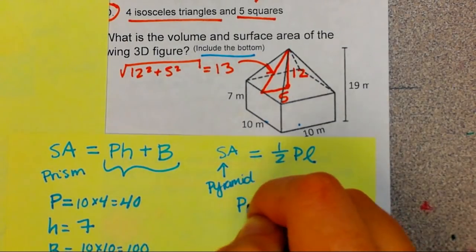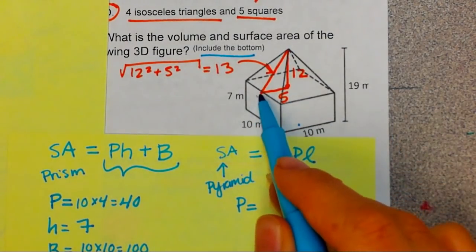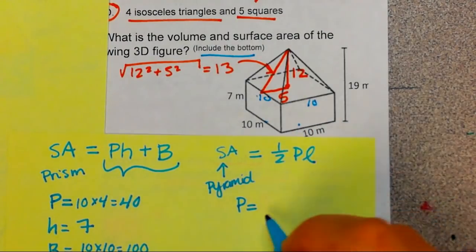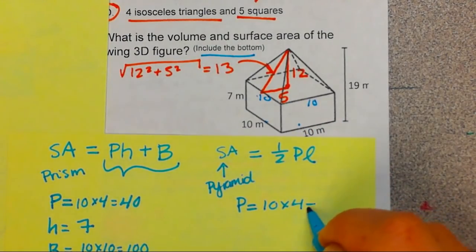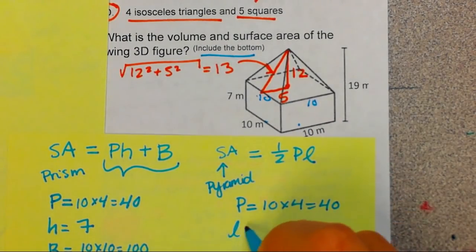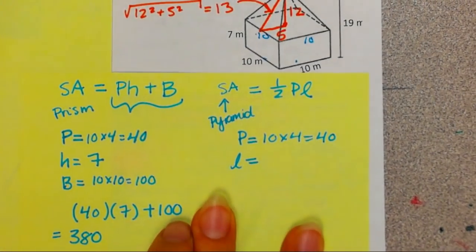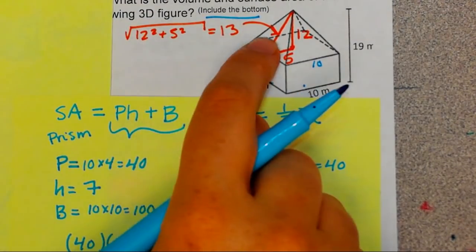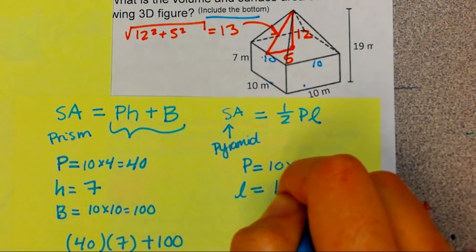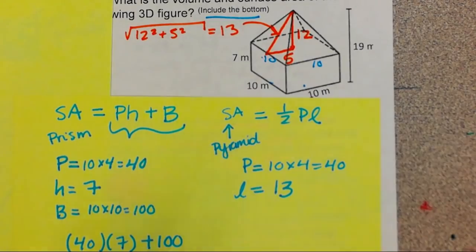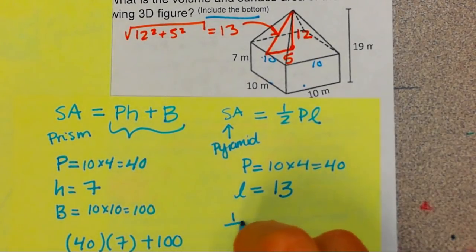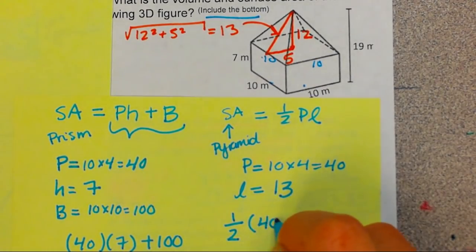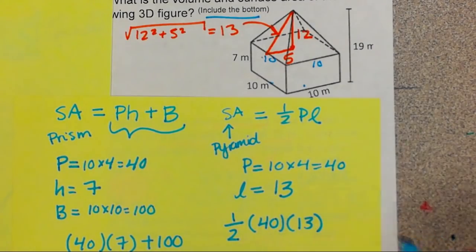My perimeter for the base would be the same because it's 10 by 10, so 10 times 4 is 40. The slant height we solved for was 13. So plugging things in, I've got half times 40 times 13.